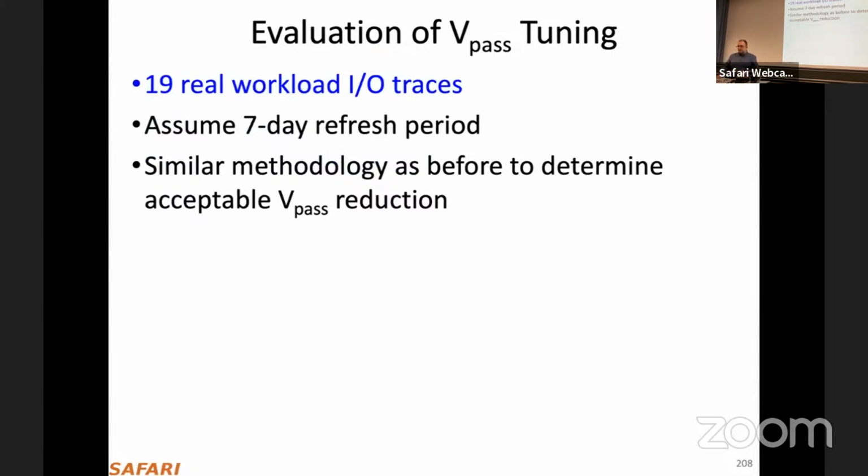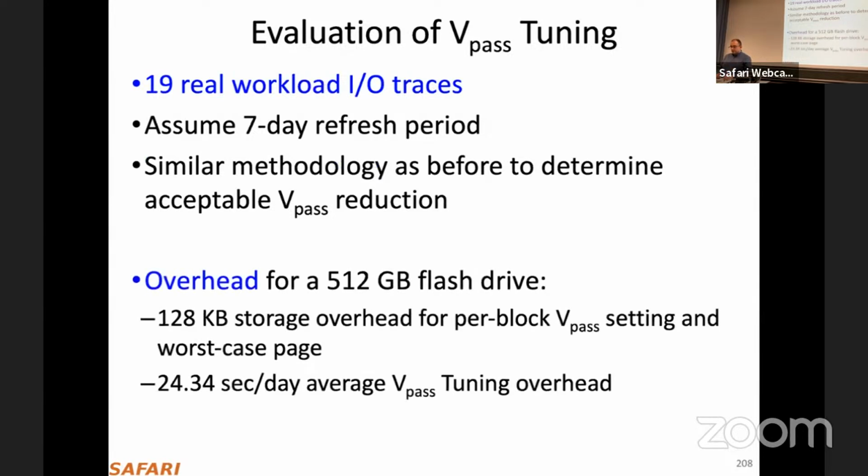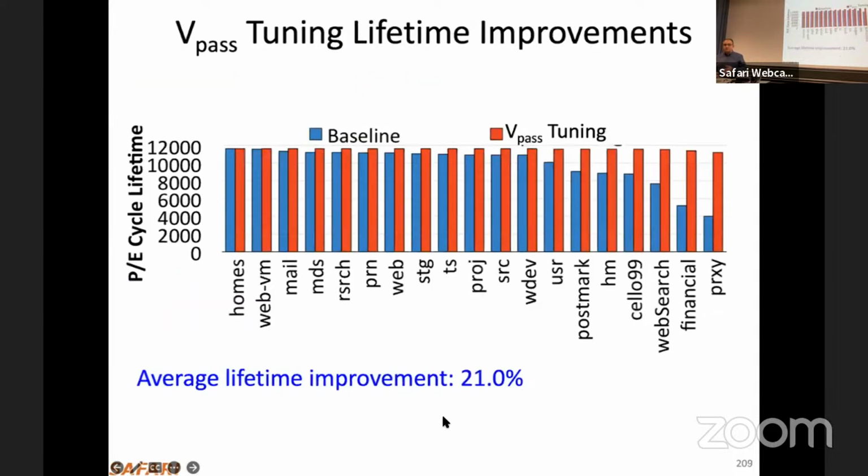We tested on 19 real workloads, and we assume 7-day refresh periods with a similar methodology as before to determine acceptable VPass reduction. The overhead for a 512 gigabyte flash drive is around 128 kilobytes of storage overhead per block to store VPass and worst-case page. We also need 24 seconds per day of average VPass tuning overhead, which can be considered acceptable.